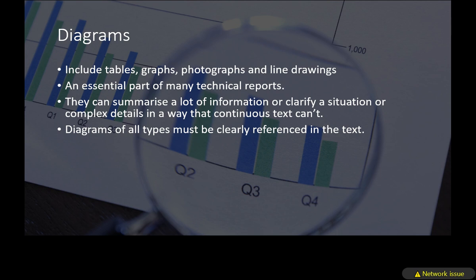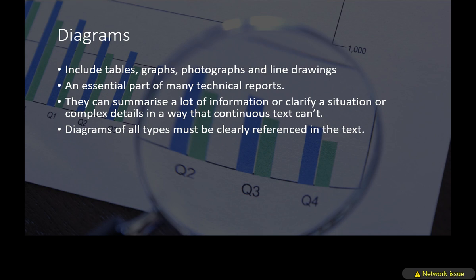Or it can clarify a situation. You guys must have done some lab experiments, right? I don't know, but if I have to explain the parts of a circuit or the parts of an instrument, and if I keep on saying, look at the right hand side, there is a red button which means this, look at the bottom and there is a stand which means this, instead of this, if I just put a figure with correct labels, everything is clarified.